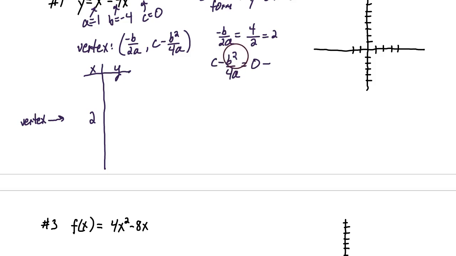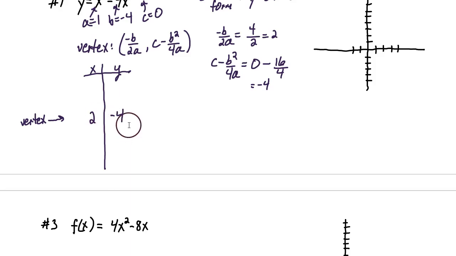So b squared would be negative 4 squared, which is 16. a is a 1, so 4 times 1 is 4. 16 over 4 makes 4, and 0 minus 4 makes negative 4. The y-coordinate of the vertex is negative 4. So we still have found the vertex. It just took extra work because our equation was not in vertex form. It was in standard form.